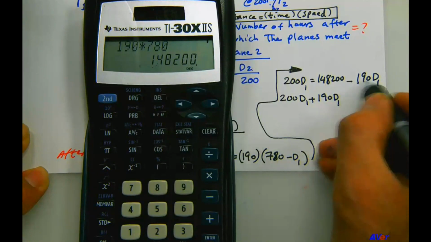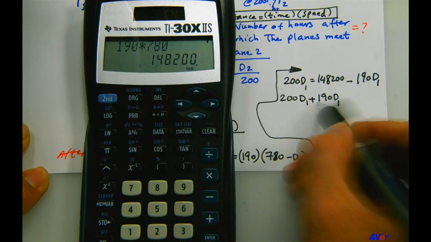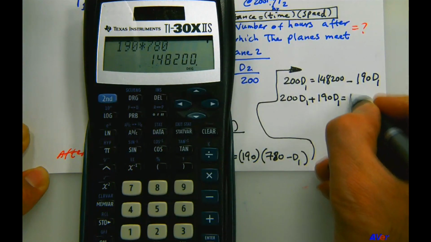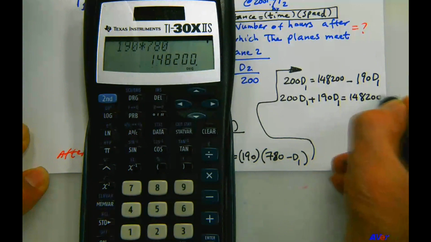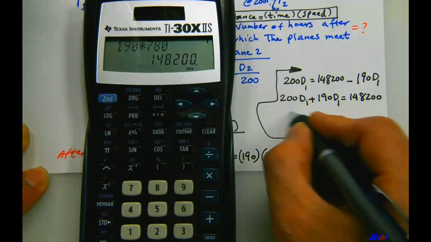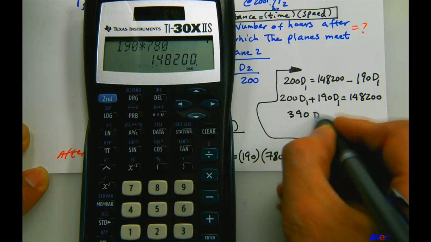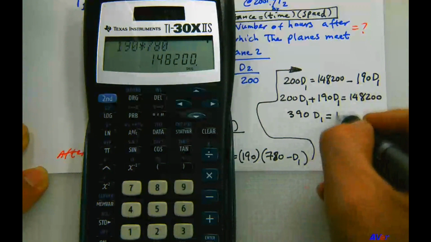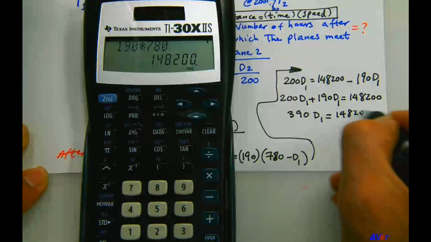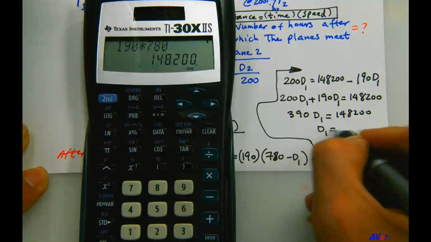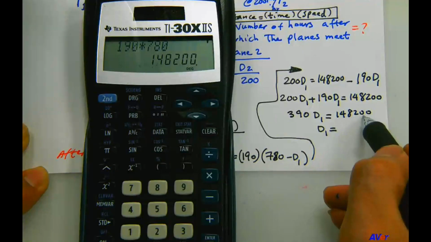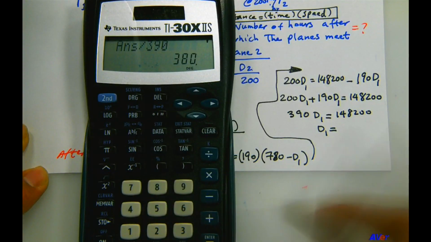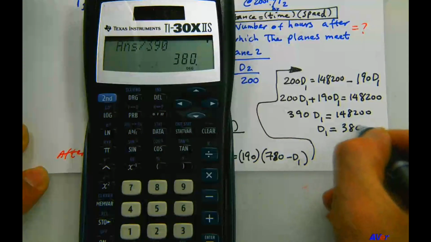Minus 190 D1 becomes positive 190 D1 when we move it to the left. It changes algebraic sign. So on the left, we have 390 D1 equals 148,200. So D1 is equal to 148,200 divided by 390. Dividing by 390, we get 380 kilometers.